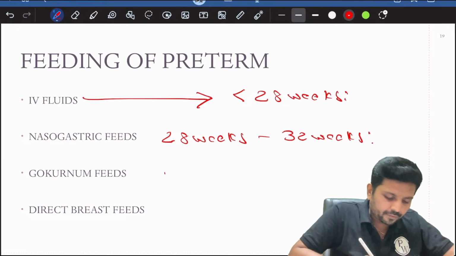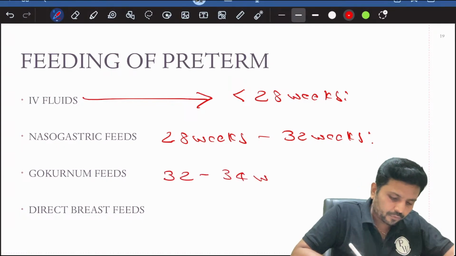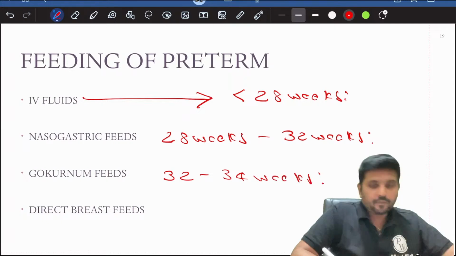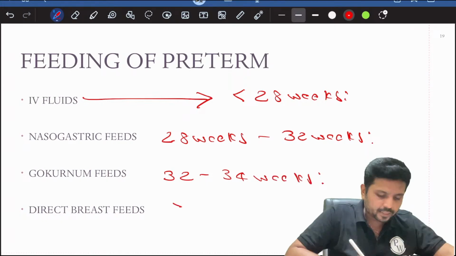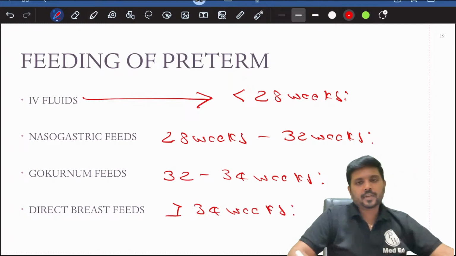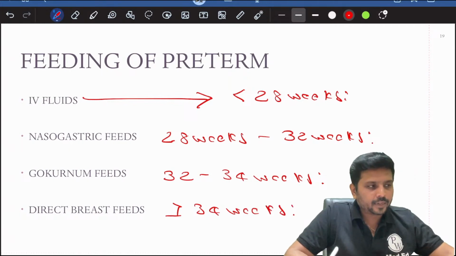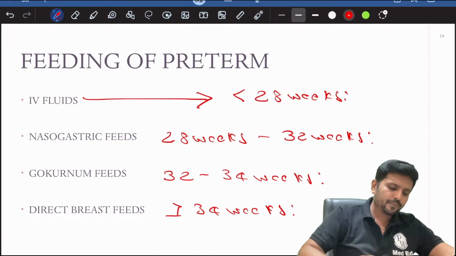Gavage or paladai feeding is between 32 to 34 weeks, whereas direct breastfeed can be started from 34 weeks, in which sucking swallowing coordination will occur. Feeding of preterm.